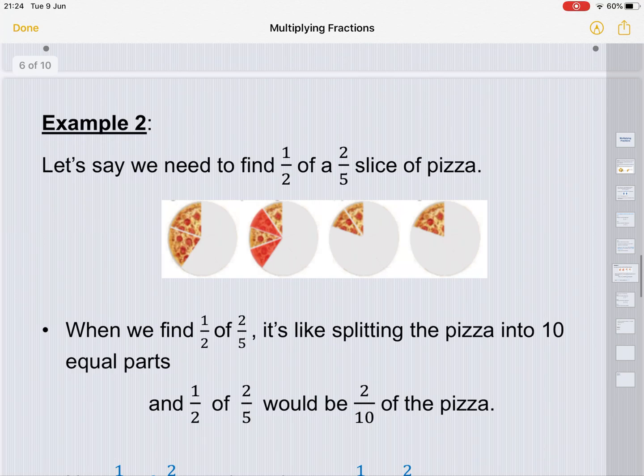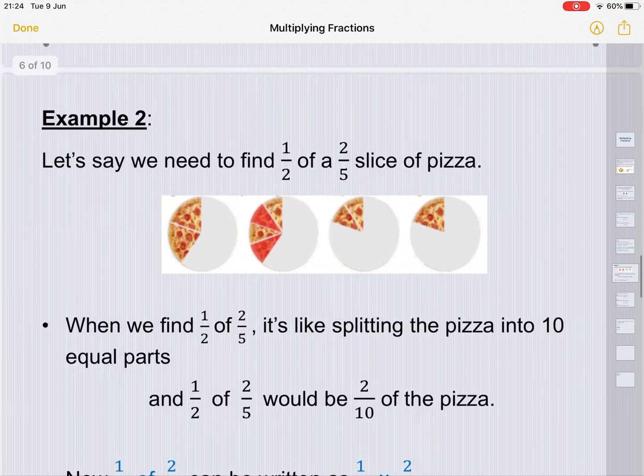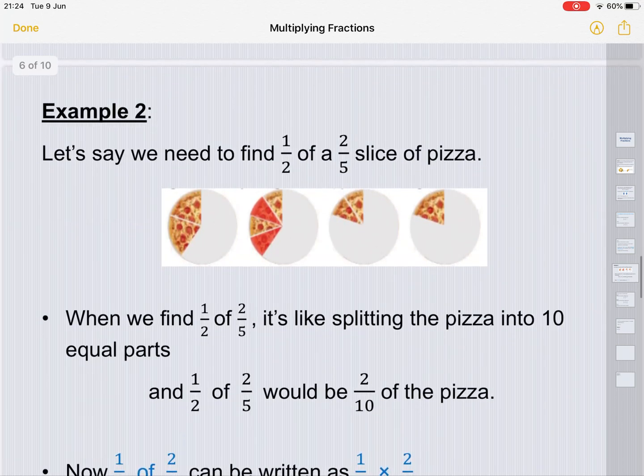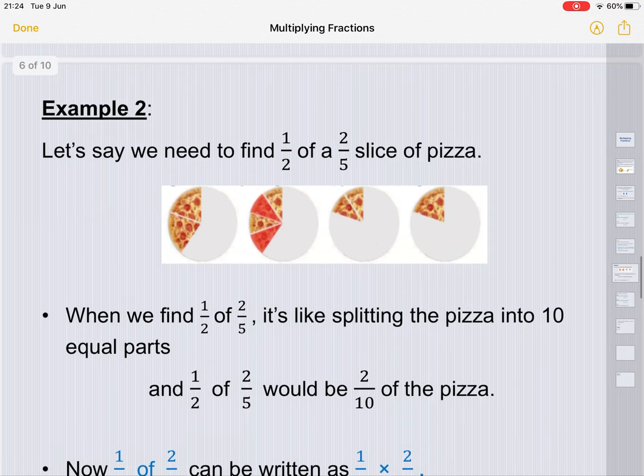And then in the second pizza, I'm dividing each 1/5 into 2, because I want to find 1/2 of 2/5. It's like splitting the pizza instead of into 5, into 10. And 1/2 of 2/5 would be 2 pieces out of the 10, alright?